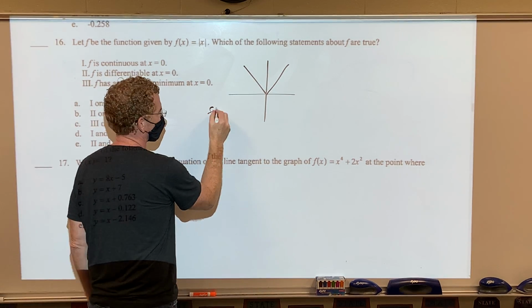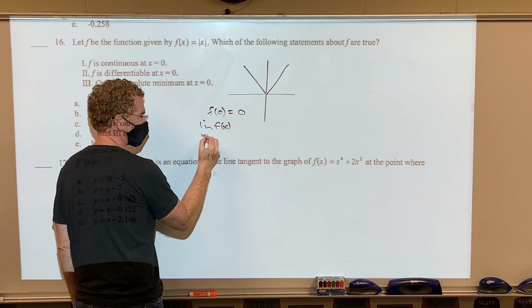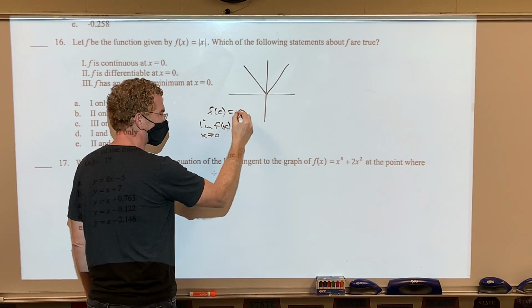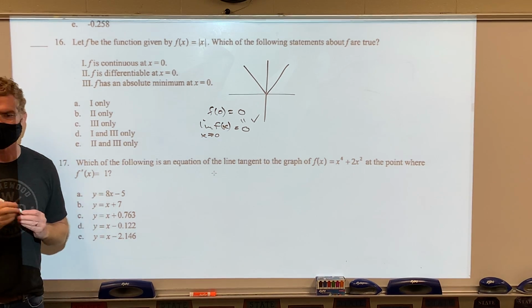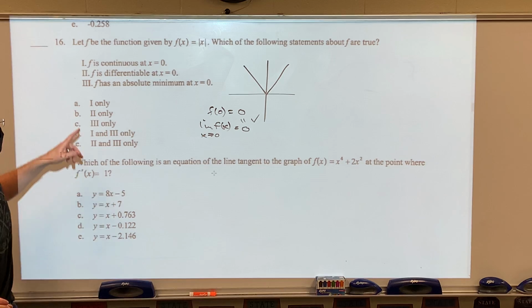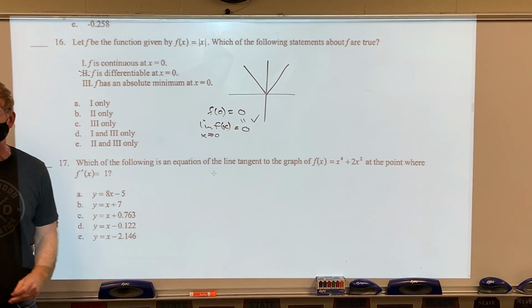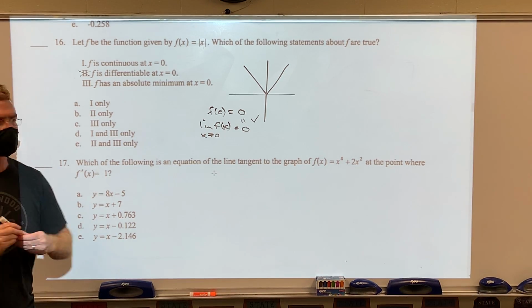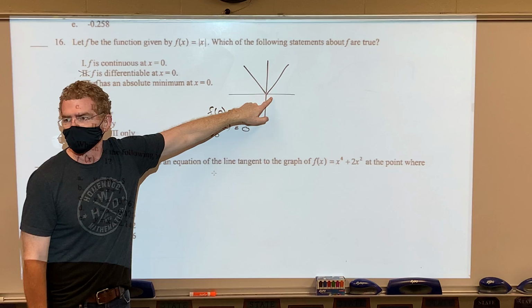But what's f of 0? 0. What's the limit of this function as x approaches 0? 0. Are they equal? Yeah, that's continuous. Is it differentiable? Why not? There's a corner, right? So that doesn't work. f has an absolute min. We're going to talk more about absolute mins and relative mins. But yes, it does have an absolute min at x equals 0. And what would that min be?